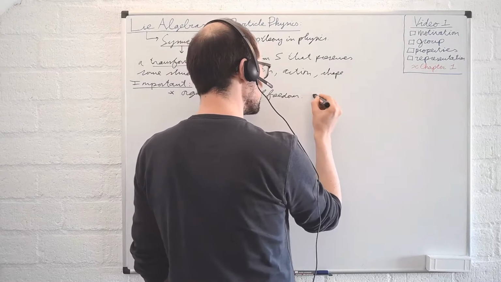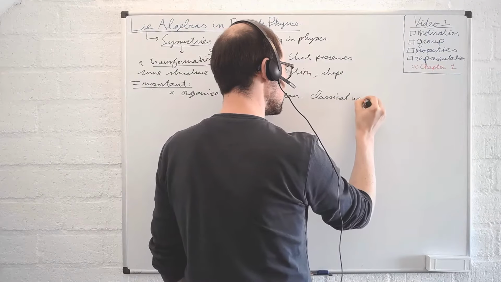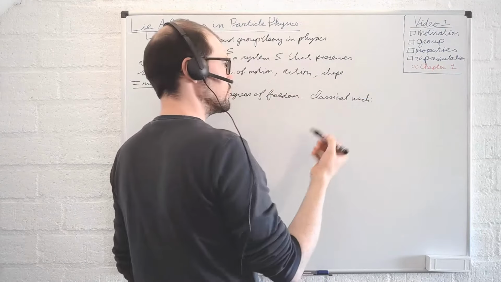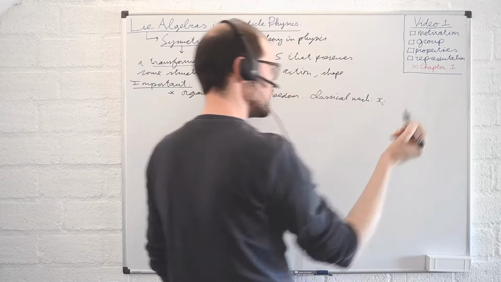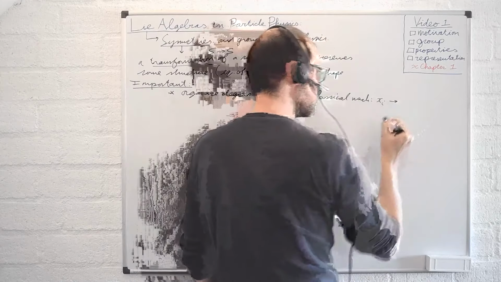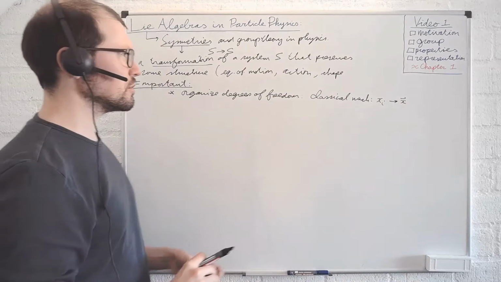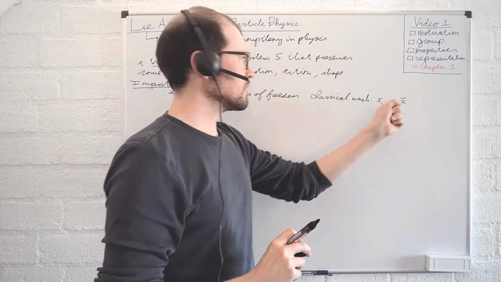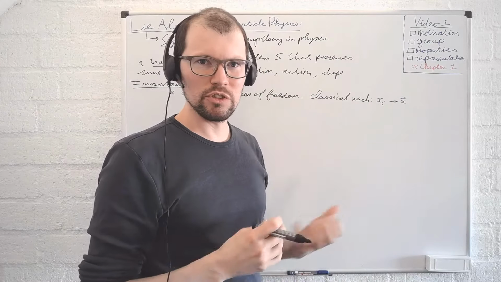So, say in classical mechanics, you would, for instance, take your position coordinates x_i and group them into a vector. So why is this a useful thing to do in classical mechanics? Well, it's because vectors transform in a natural way under a symmetry, which are the rotations of the system.